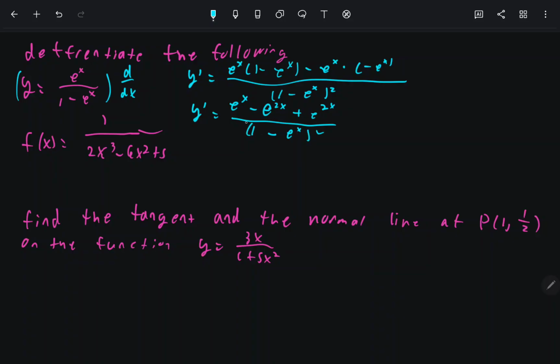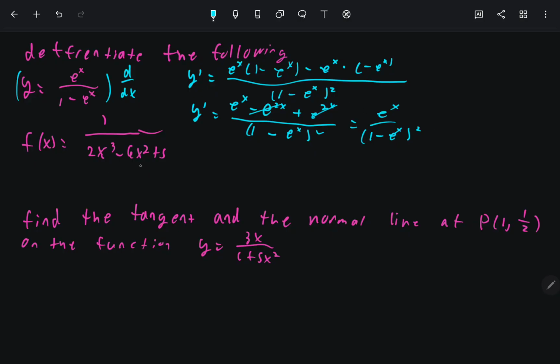Well, all we get looks to be e to the x over 1 minus e to the x, squared. Well, you look at that, it did simplify a little. Isn't that nice? Okay.